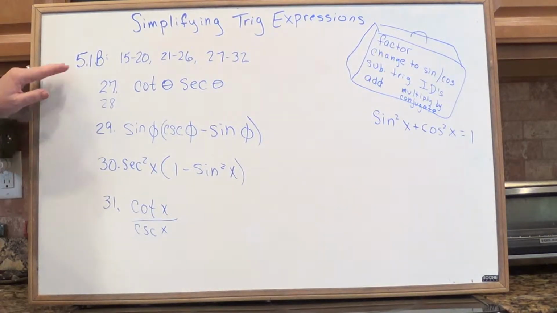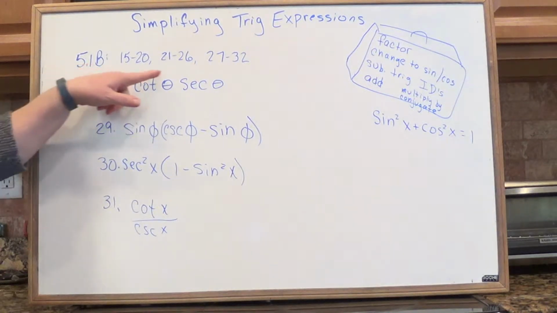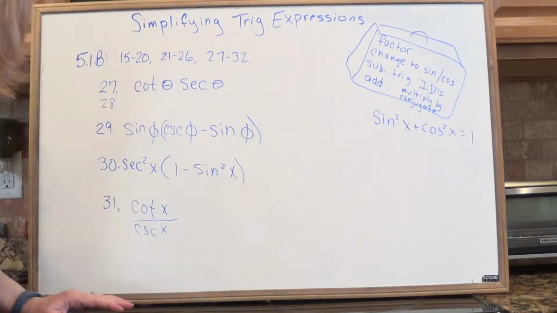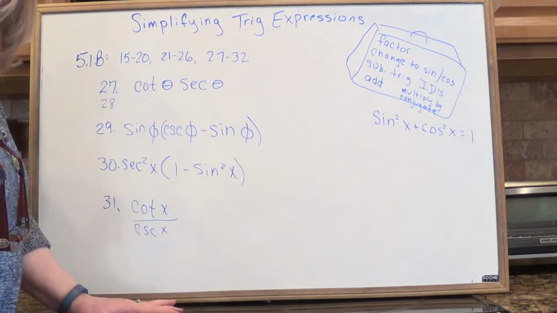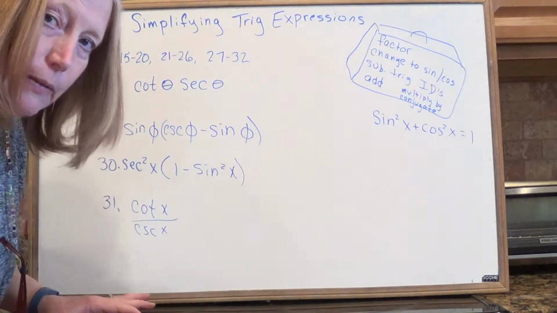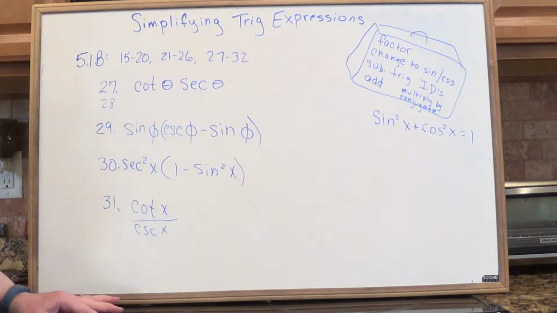I want to address the last couple of ones from that assignment. If you were able to complete that assignment successfully, pull it out. And if you were not, then go ahead and pull it out anyway. I'm going to give you some clues or actually do some of these problems with you.